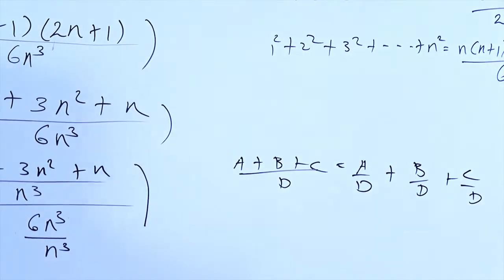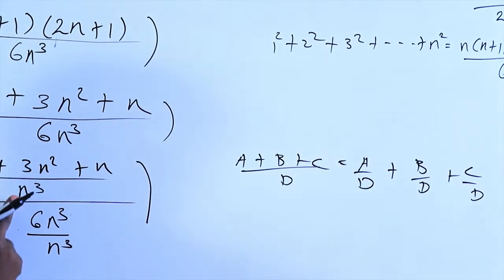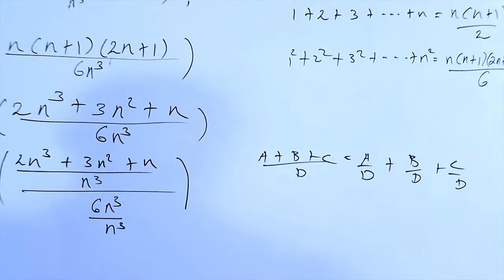We can apply here 2n cube over n cube plus 3n squared over n cube plus n over n cube.